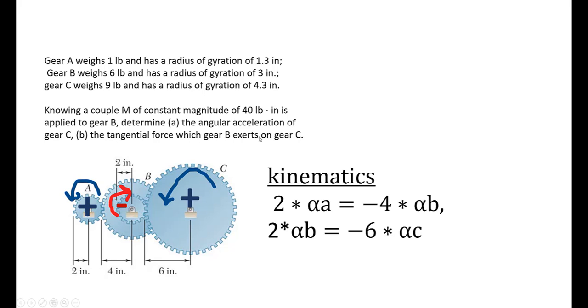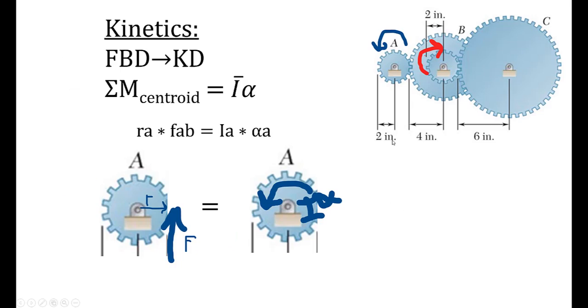So that would be another 2 unknowns if we're going to solve for the forces as well. So if we have 3 angular accelerations and 2 forces, we're going to end up with 5 unknowns for this problem, which means we need 5 different relationships to solve for it. So here's 2 of those relationships we're getting through kinematics. The rest of the relationships we'll get through kinetics.